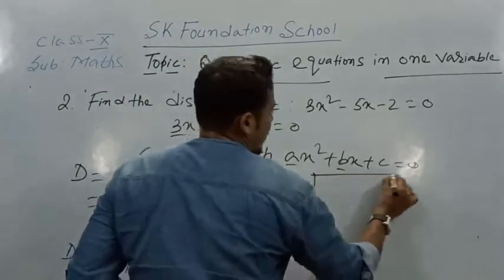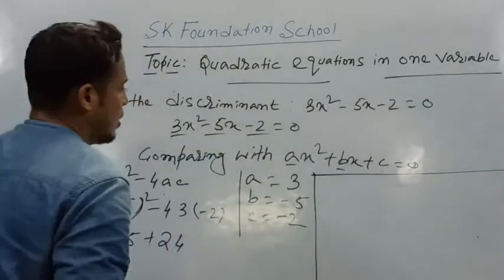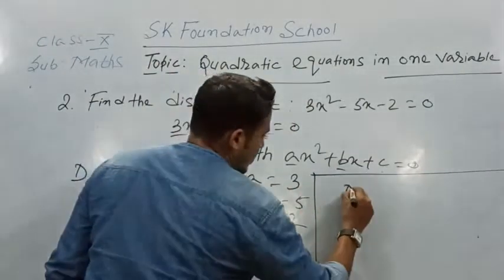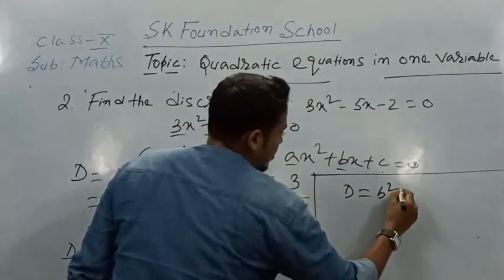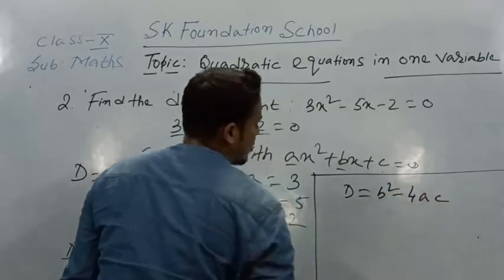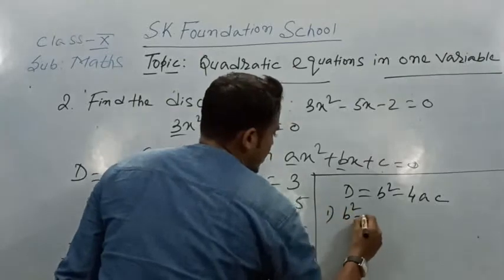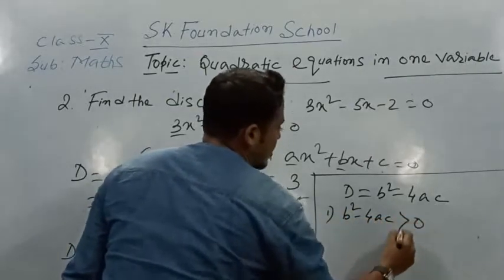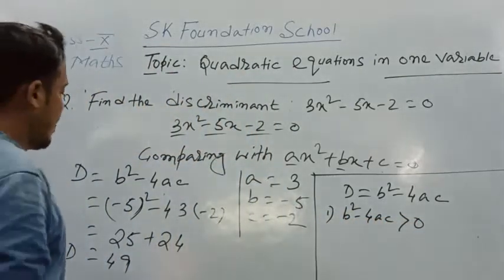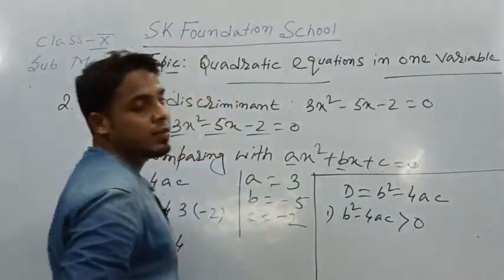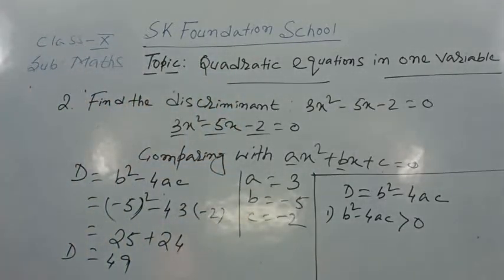When we find the nature of the roots, first it is b square minus 4ac, as you know. So condition number 1: b square minus 4ac greater than 0. At that time the roots are real and distinct, right?